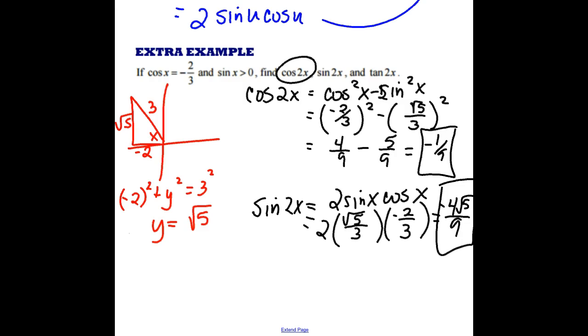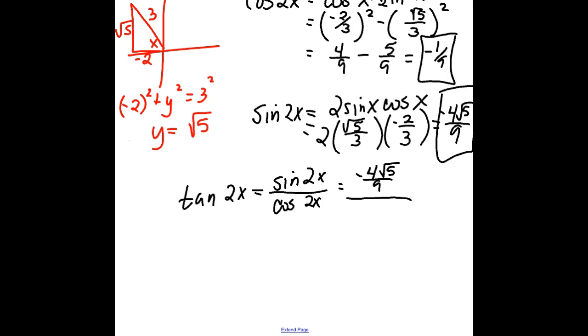Okay. Now, to find the tangent, since we already know sine and cosine, we can use those two answers. The tangent of a double angle is going to be sine of our double angle divided by the cosine of our double angle. We found sine to be negative 4 root 5 over 9, and we had cosine of a double angle being negative 1/9. What does that simplify down to? Yeah, 4 root 5.